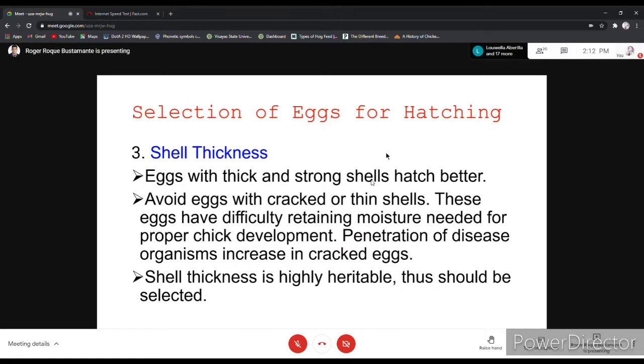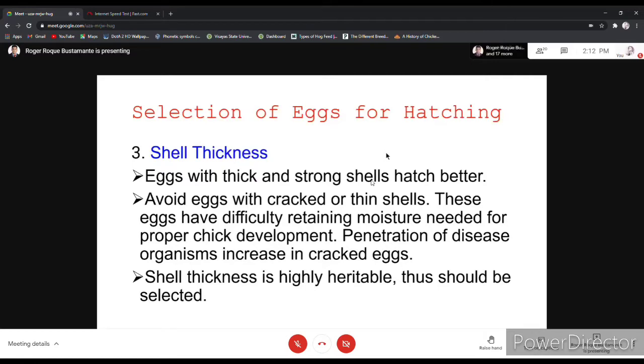These eggs have difficulty retaining moisture, allow penetration of disease organisms, and increase cracked eggs. Shell thickness is highly heritable, thus it should be selected.